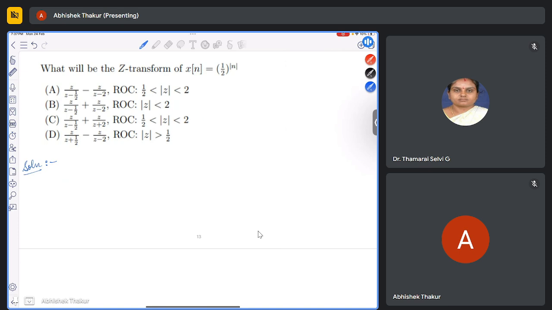Now, what will be the Z transform of x(n) is equal to (1/2) to the power of mod of n?